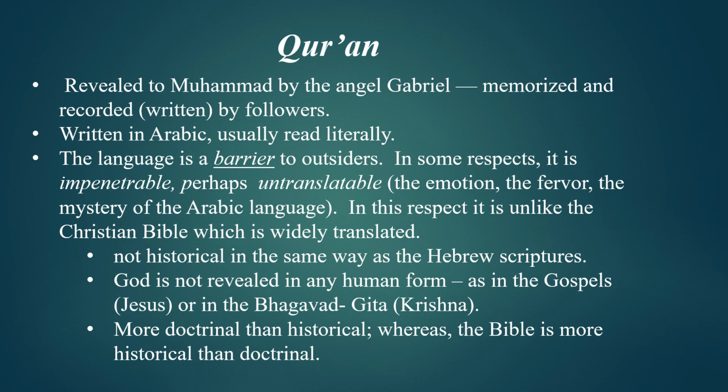It was supposedly revealed to Muhammad by the archangel Gabriel, and he transmitted what he received to his followers, his companions, and so he memorized it and then passed it on, and his followers wrote it down. It seems clear that Muhammad was not literate, but others wrote down what he told them.